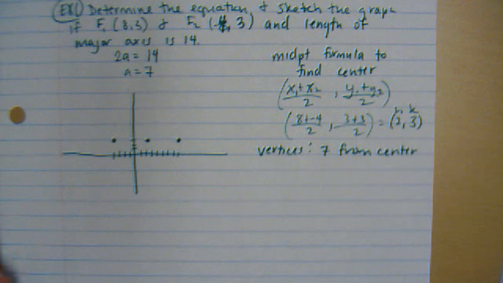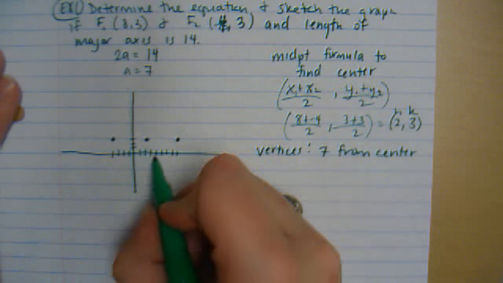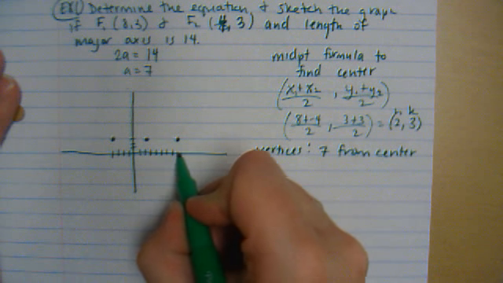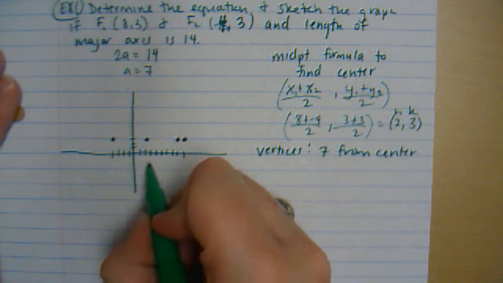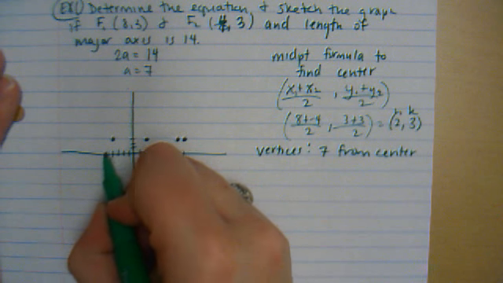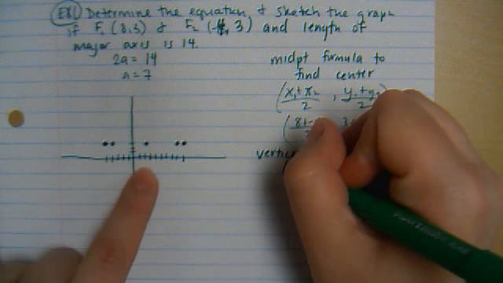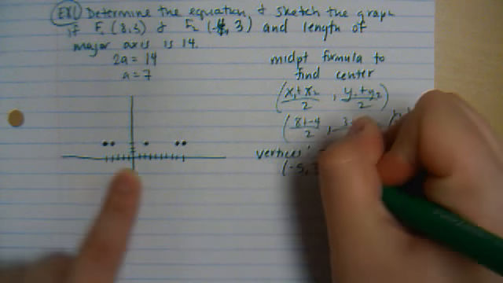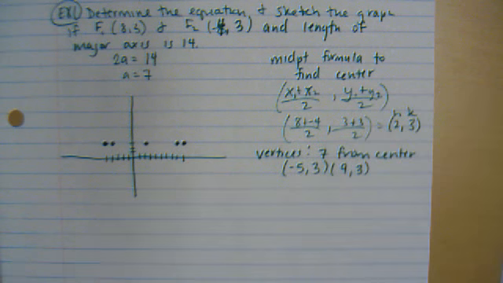So I'm going to count from the center 7 each way: 1, 2, 3, 4, 5, 6, 7. Okay, so there's the vertices, and if I wanted those coordinates, that would be (-5, 3) and (9, 3).